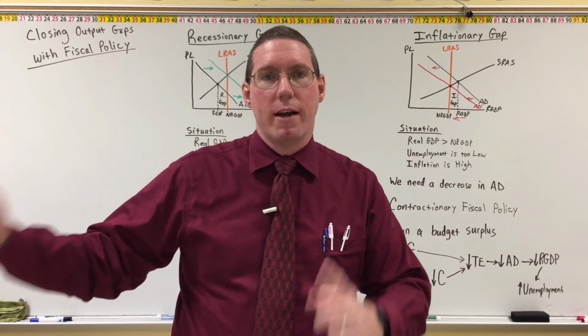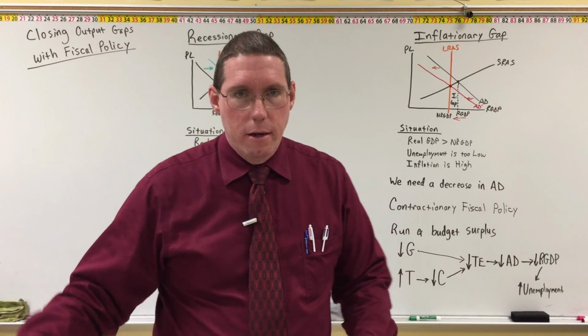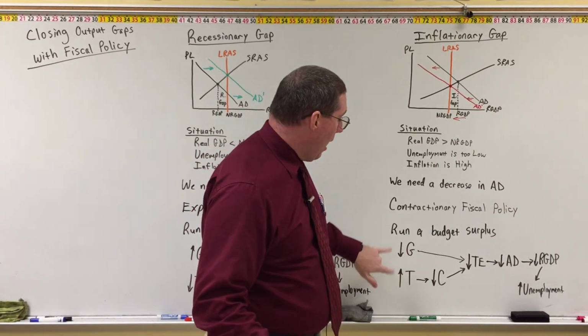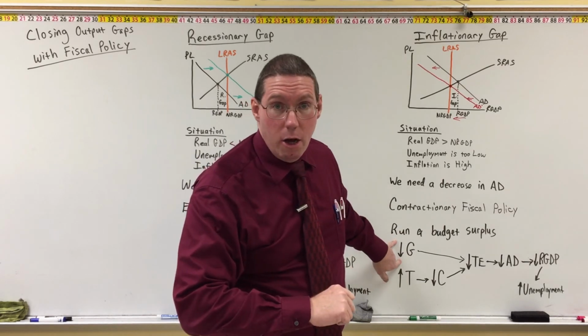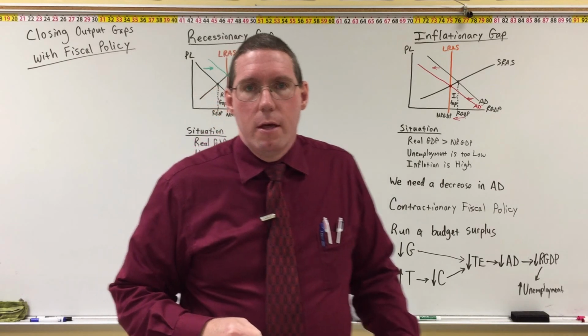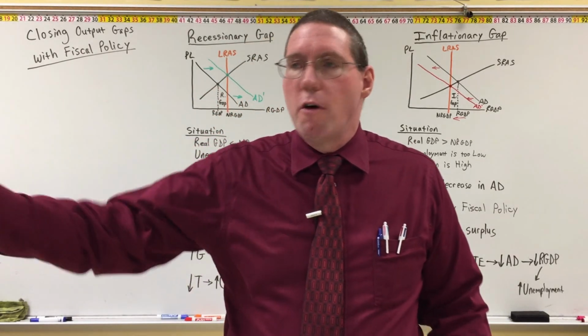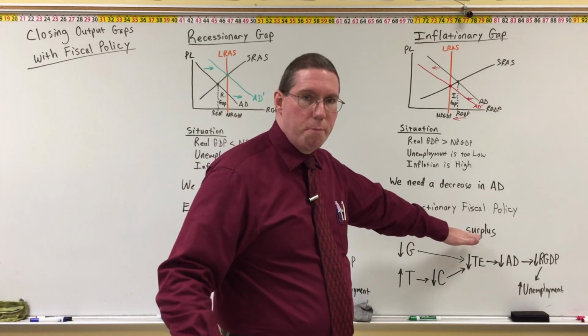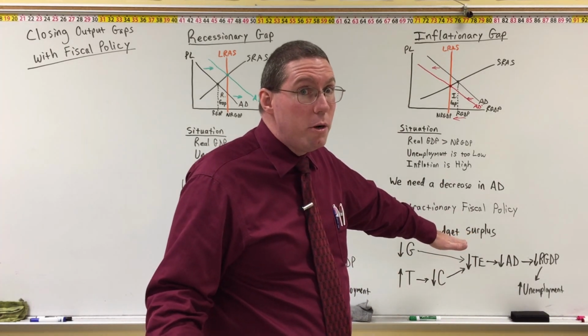Let's say that the person running against that candidate stands up and says, vote for me. I'm going to spend less money on all the programs that you like, and I'm going to raise taxes. So chances are you're going to vote for the other person. So the person who's more likely to run the budget surplus is just less likely to get voted into office.